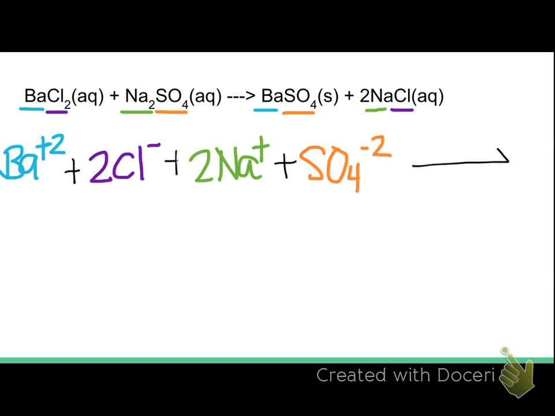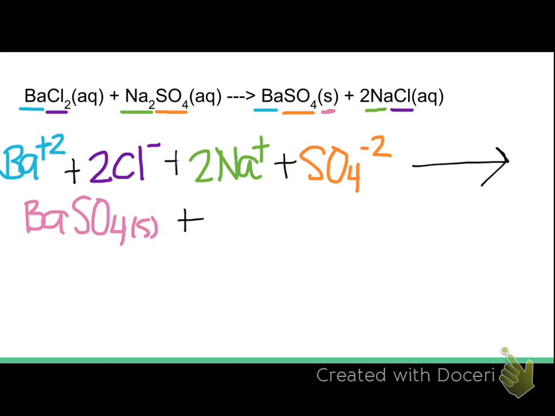Now we'll do our product side. So first thing we have there is barium sulfate, but what do we notice about that? It's a solid, so it's not going to break apart. So we keep that.